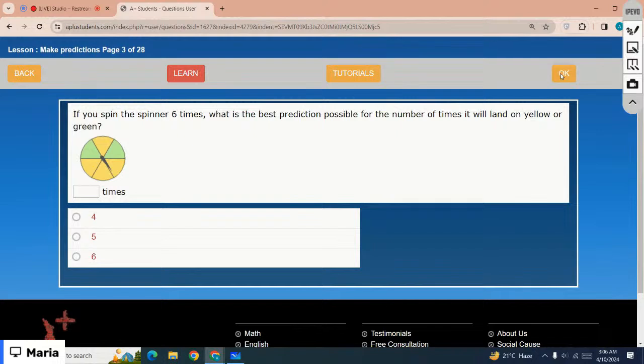The correct option is six times, because the probability of yellow or green is 6 out of 6, that means 1, right? So the prediction for 6 times is 6.